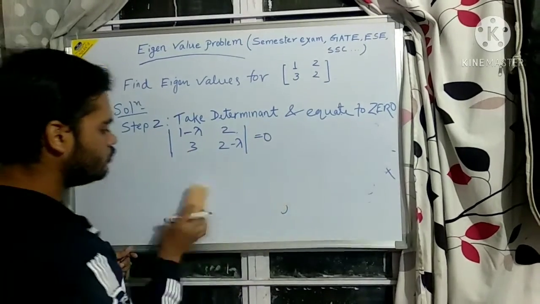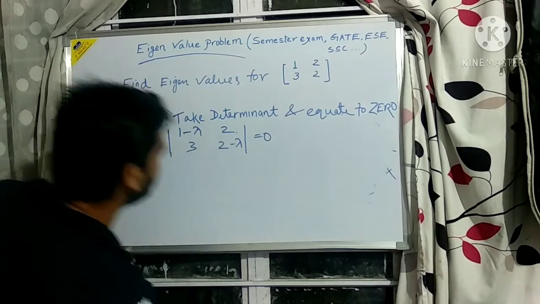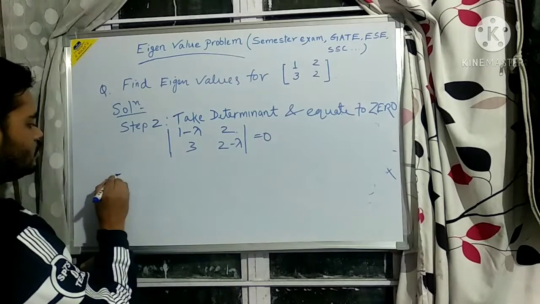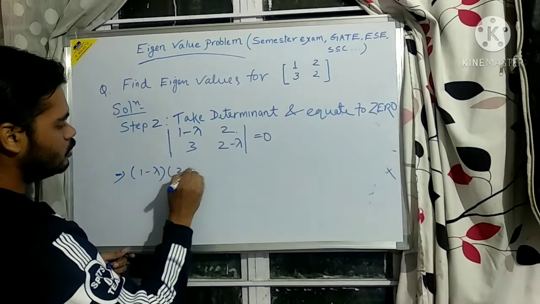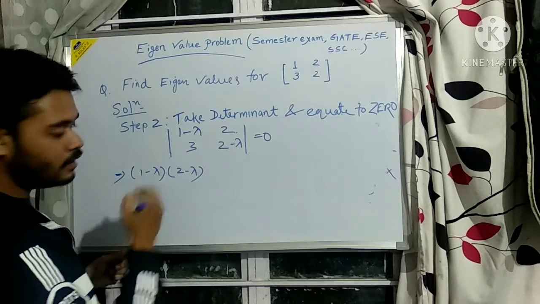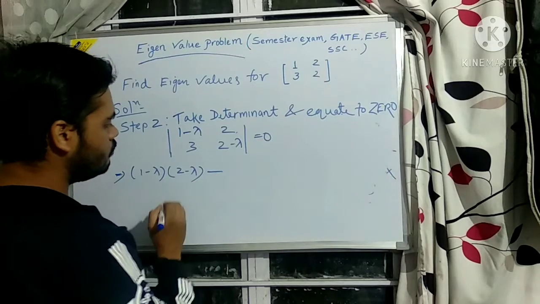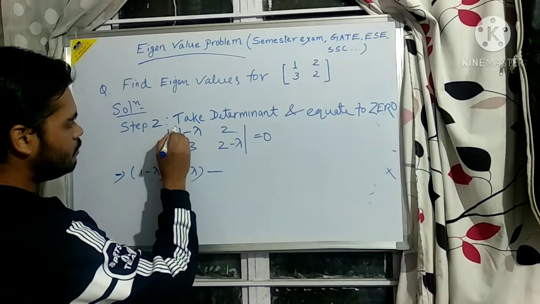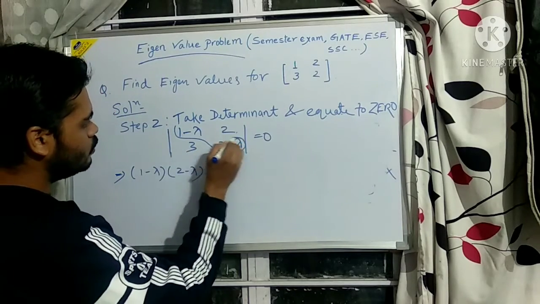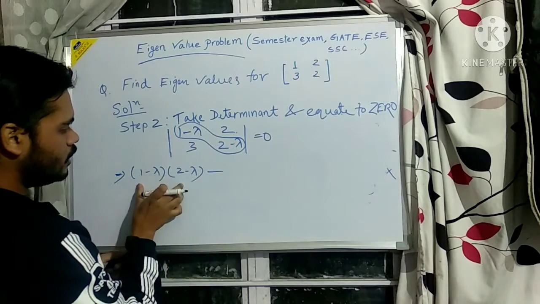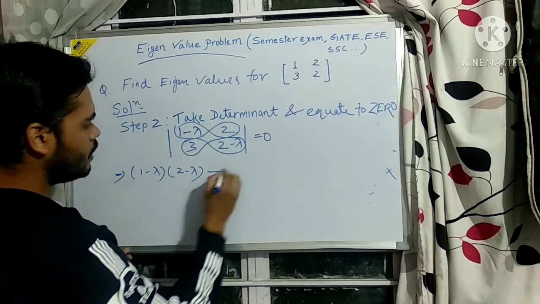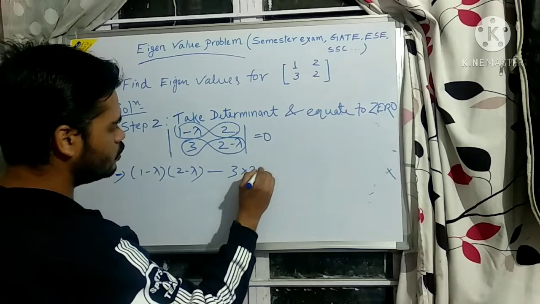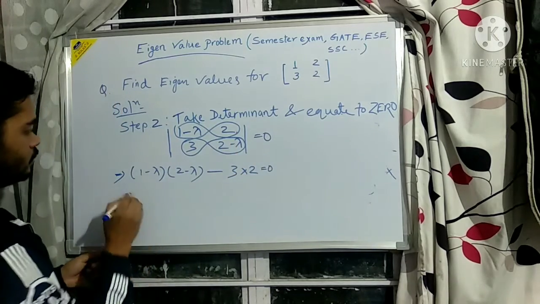In order to find the determinant, we will multiply 1 minus lambda into 2 minus lambda, and by the formula this will be minus 3 into 2, equal to 0, right?